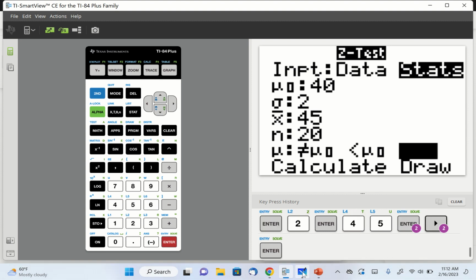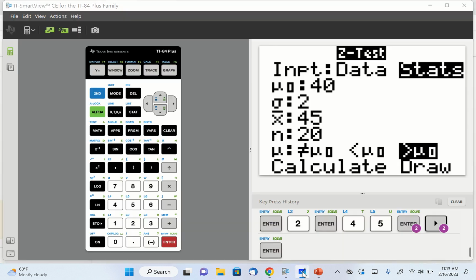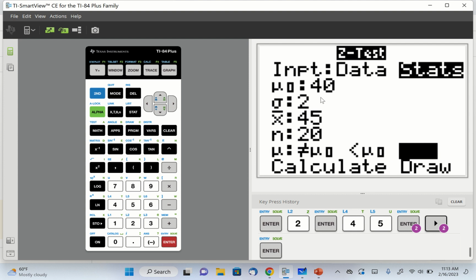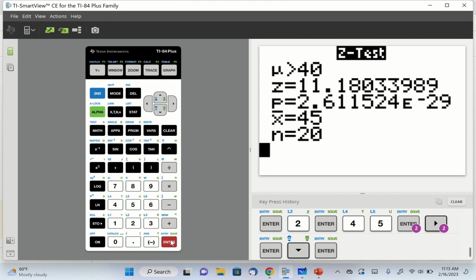Let's make sure all our values are correct. So let's take a quick look here. So yeah, mean population is 40, standard deviation 2, sample size 20, sample mean 45. Okay, so all that checks out. Come down, highlight calculate, hit enter.